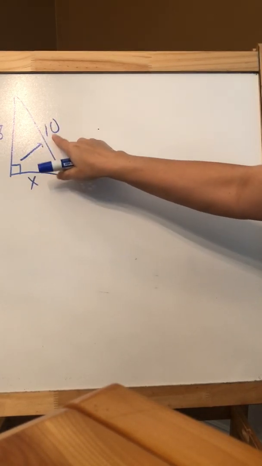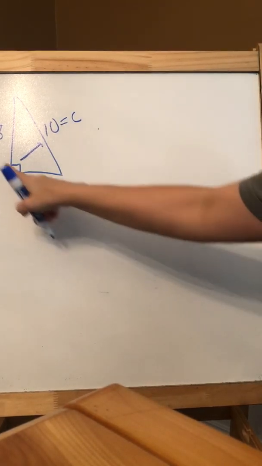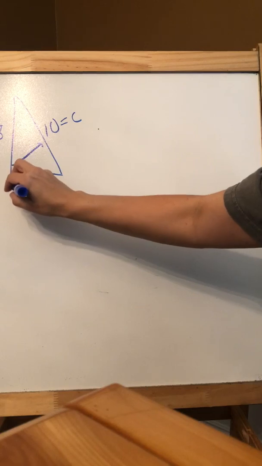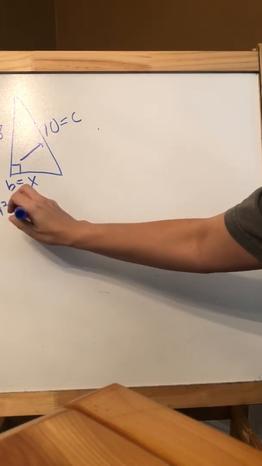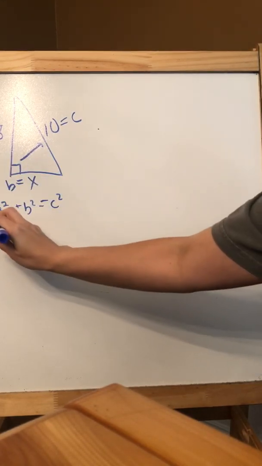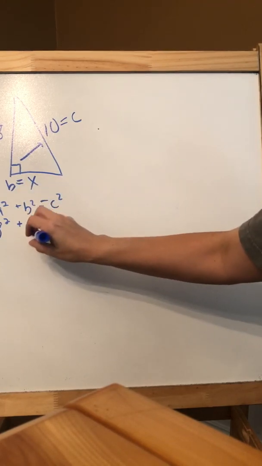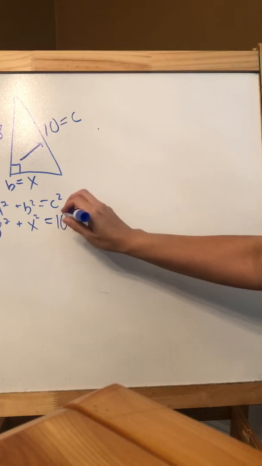Draw a line to the opposite side. That is your C. So 10 is our C. Now you can label your legs as either A or B and set up your equation. So we have a squared plus b squared equals c squared. Plug in your numbers. 8 squared plus, well here for b we have x. X squared equals, c we have 10, 10 squared.